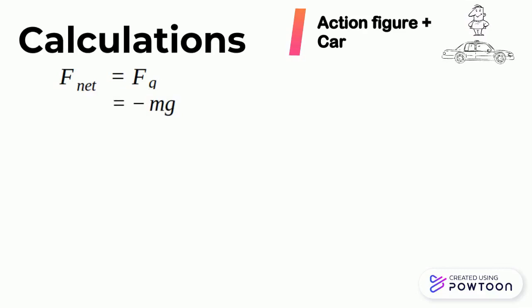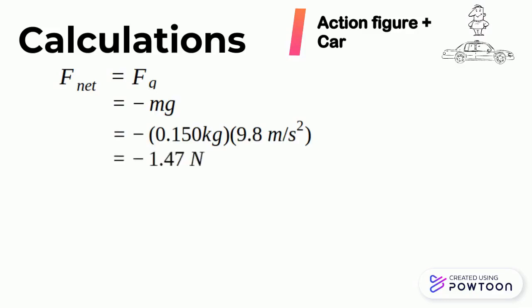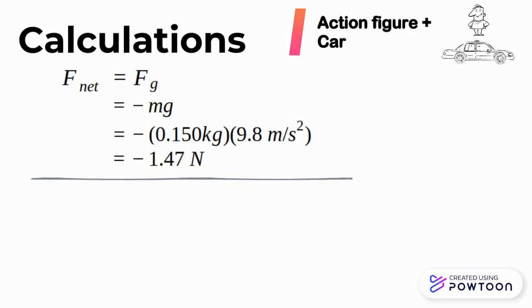The mass of the action figure and the car is roughly 0.150 kg, which is then multiplied by the formula of gravity, 9.8 meters per second squared, to determine the net force, which is negative 1.47 newtons. Then using the overall net force of the two objects, we can solve for acceleration by multiplying the mass with the unknown acceleration.